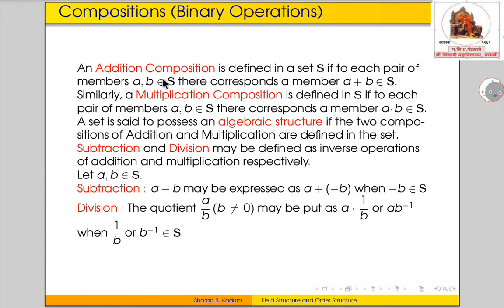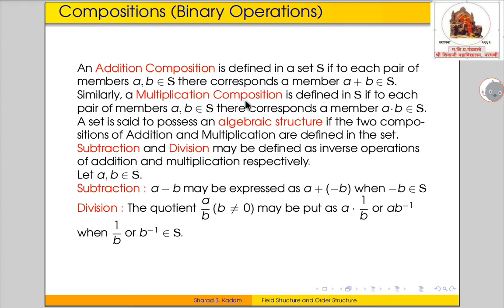That means addition composition is a binary operation whose domain set is the set S cross S and codomain set is S. So this addition composition maps the ordered pair A comma B in the set S cross S to the element A plus B in the set S. Similarly, we can define another composition, that is multiplication composition.